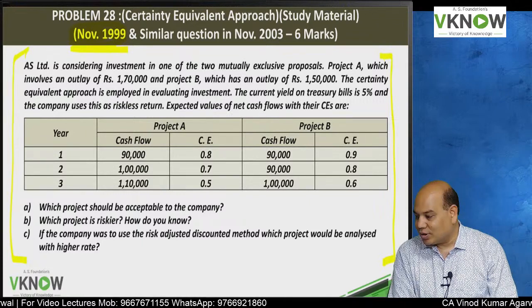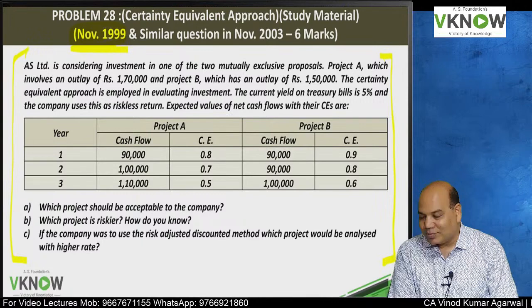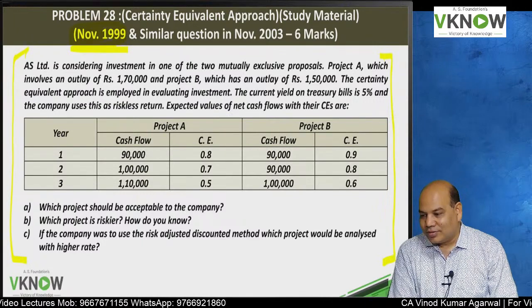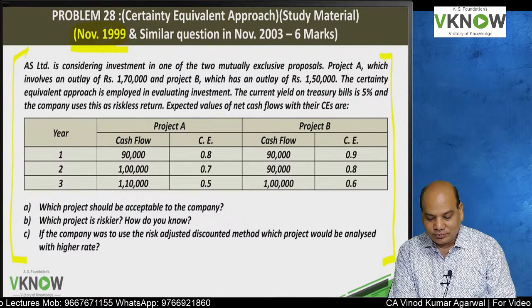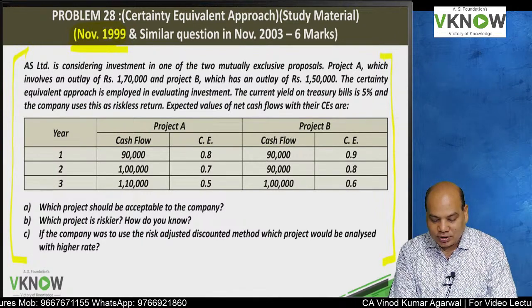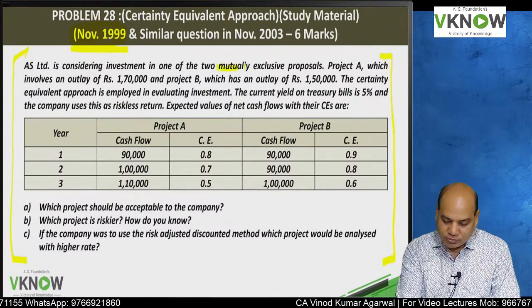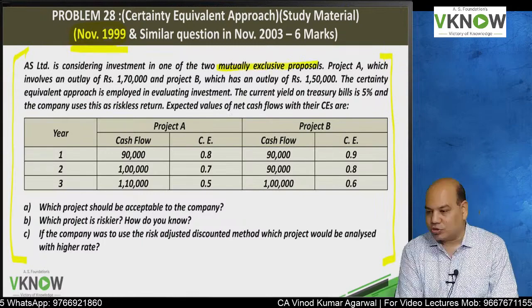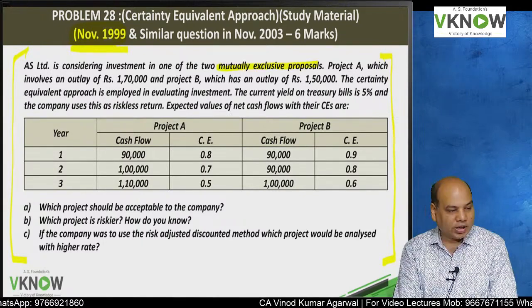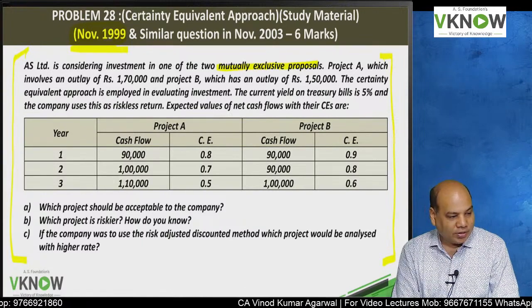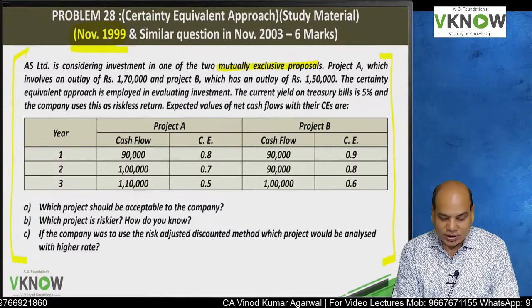Okay, so we'll come to question number 28. AS Limited is considering investment in one of the two mutually exclusive proposals. What is the meaning of mutually exclusive proposal? Only one of the two can be selected.